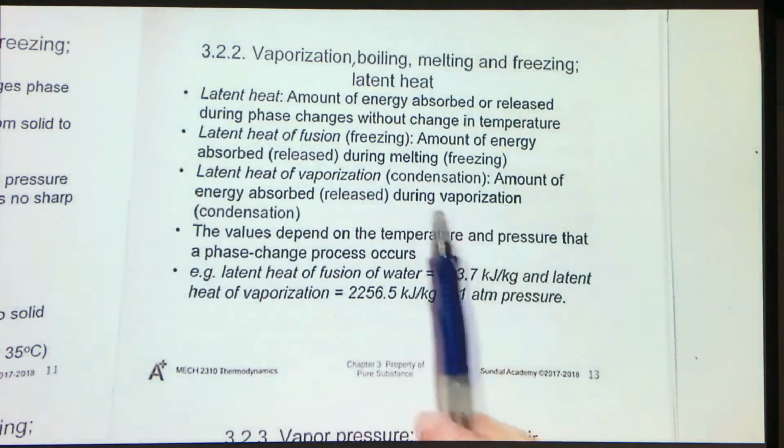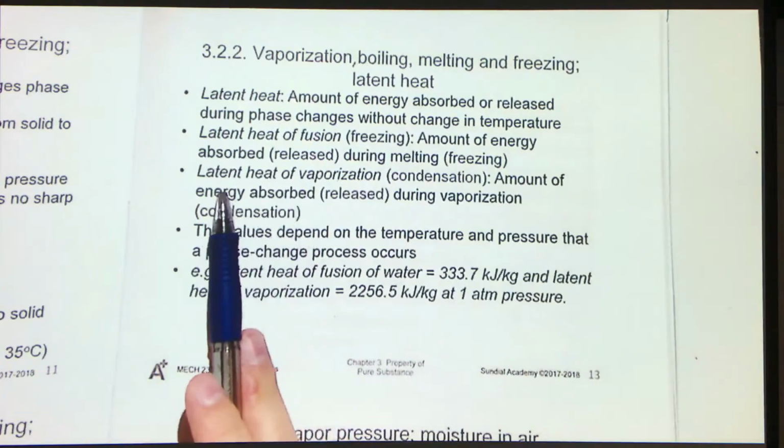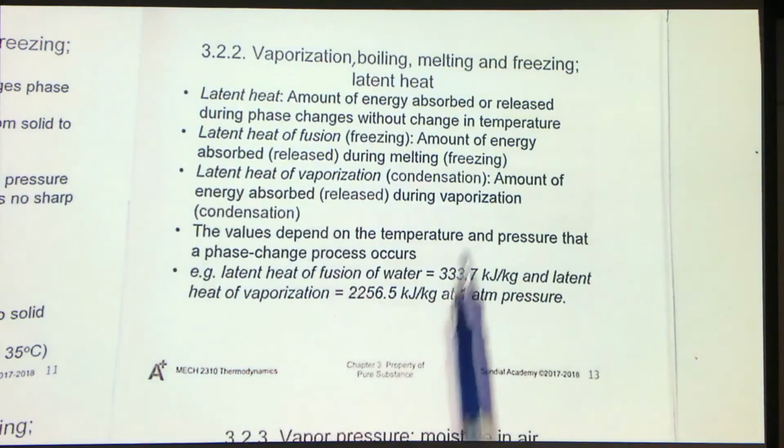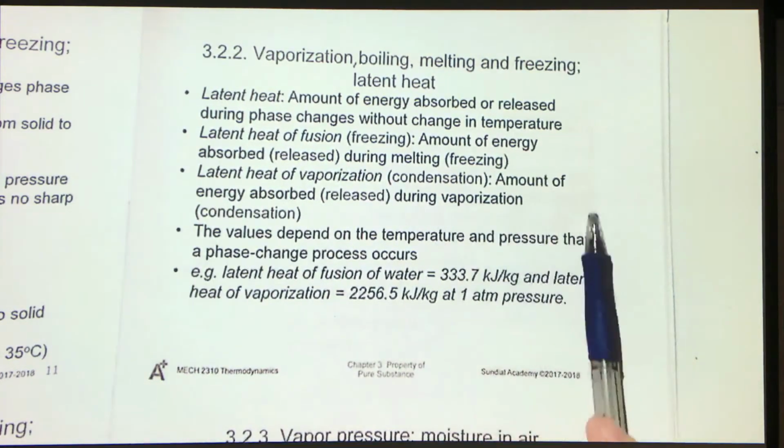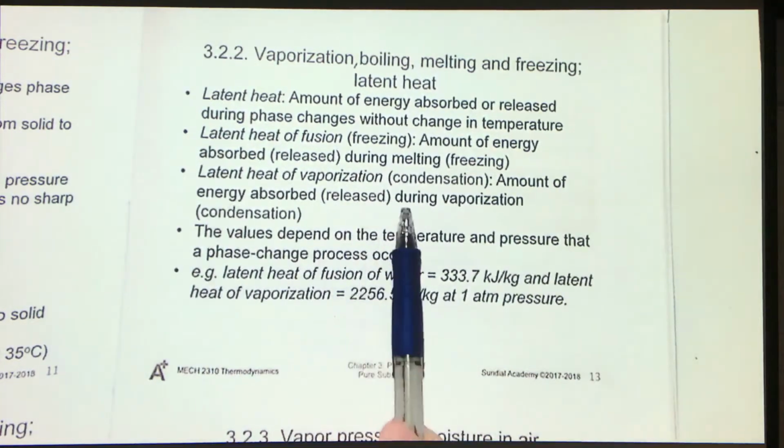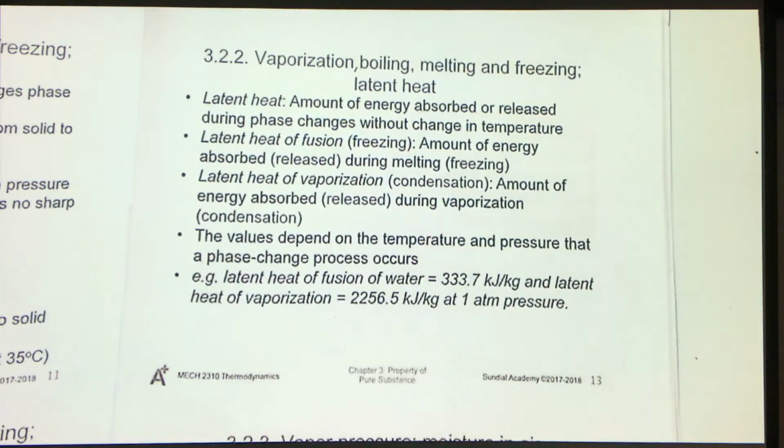How about vaporization? We have the latent heat of vaporization or condensation, which is the amount of energy absorbed or released during vaporization or condensation. Again, we can trace the same path in the opposite direction during heating in the constant pressure process.